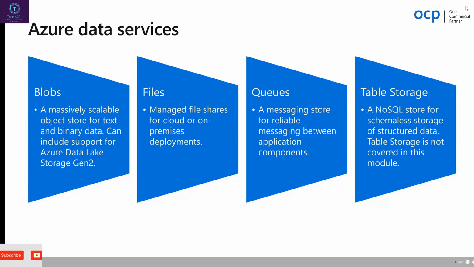As you can imagine, for lift and shift scenarios where we still need some kind of common ground between two virtual machines, this can be very, very useful. Then we have queues. Queues is a very simple messaging system that we have with Azure Storage.